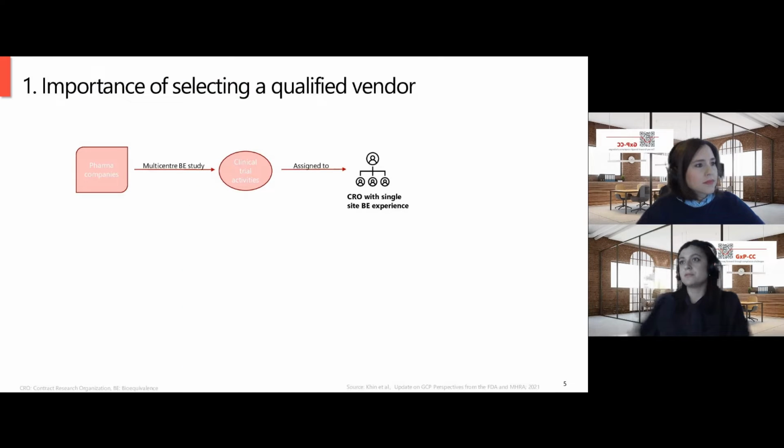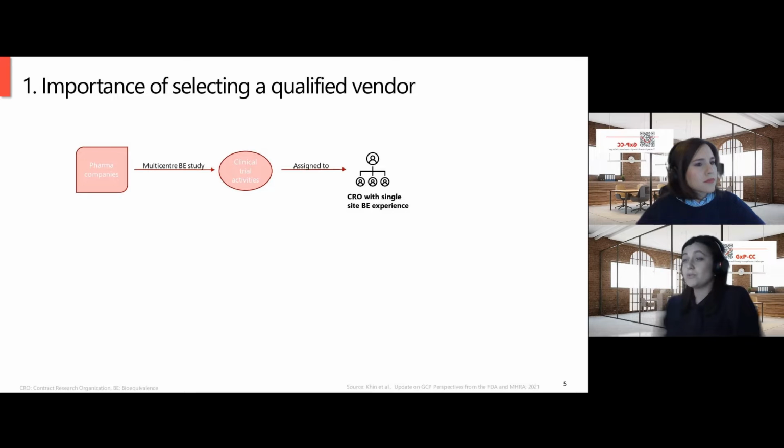So the first case study that we're having is a normal clinical trial. We're having a pharma company that is having a multi-center bioequivalence study, and they're having clinical trial activities. So they assign the clinical trial activities to a third-party vendor or a CRO in this case.